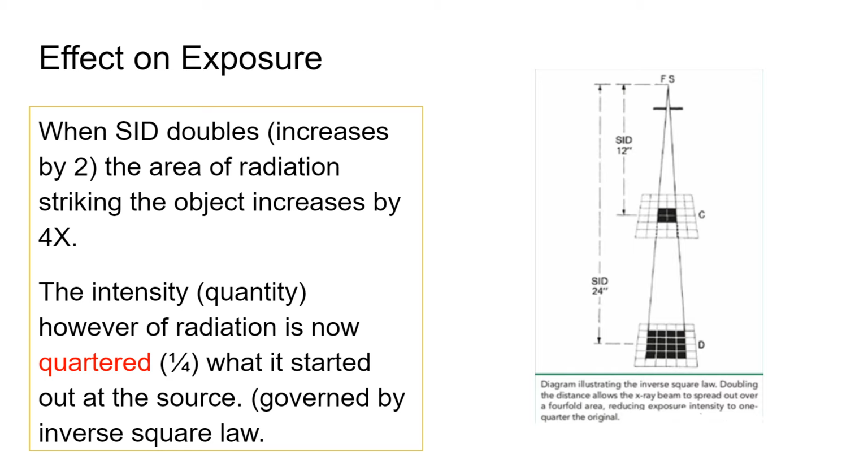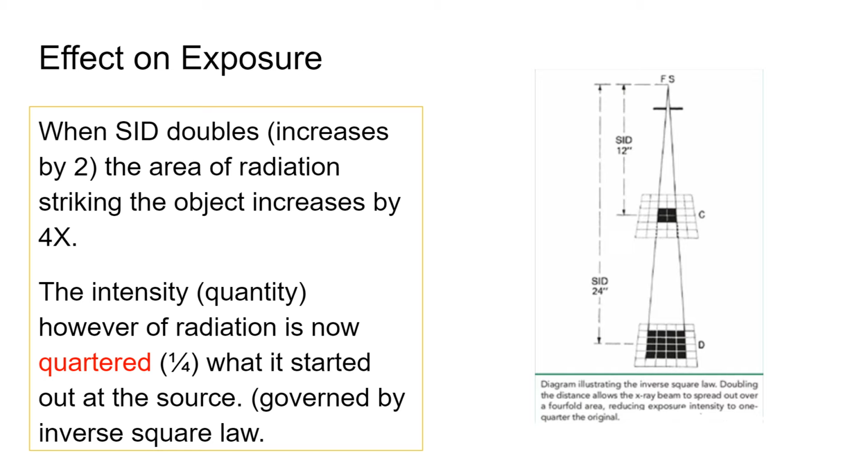The equation will come in when they tell you how much radiation you start with. They want to know how much you end up with when you change your SID. And it's easy to figure out, again, if you halve the SID or double the SID. But what if you go from 40 inches to 36 inches? That one, if you could do it in your head, you should be in a different major, right?